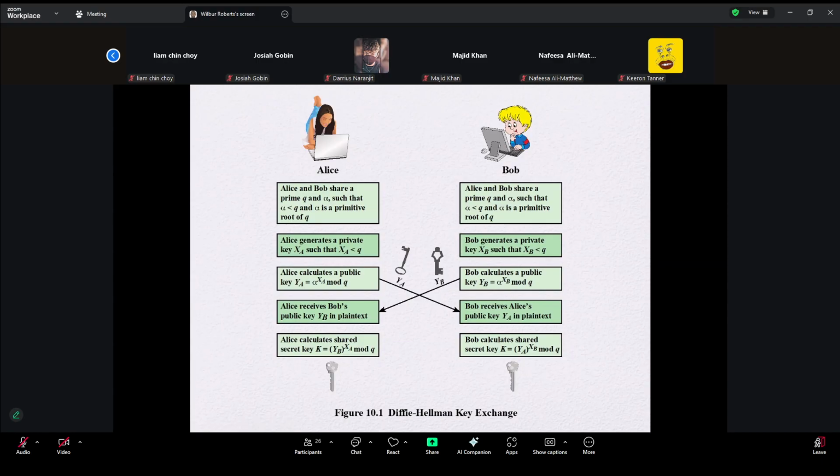Good? Then Alice calculates a public key and Bob calculates a public key also, and they exchange their public keys. Good? And from that, you could get the secret key.